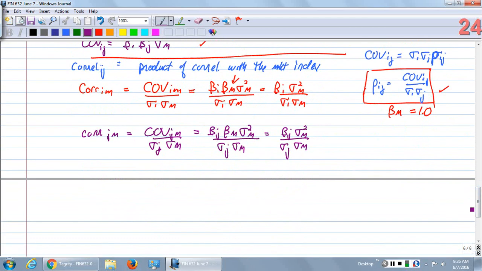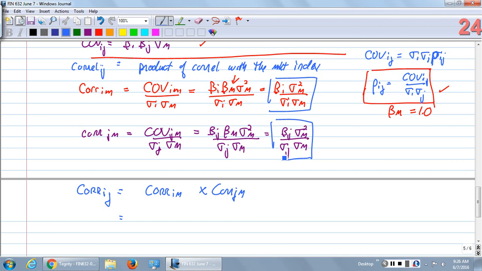So to calculate then the correlation, change colors one more time. If I want to know the correlation between asset I and asset J, we said above, it's the product of those correlations. So I'm going to take the correlation of asset I with the market times the correlation of asset J with the market. And so this one and this one. That's all I'm doing.